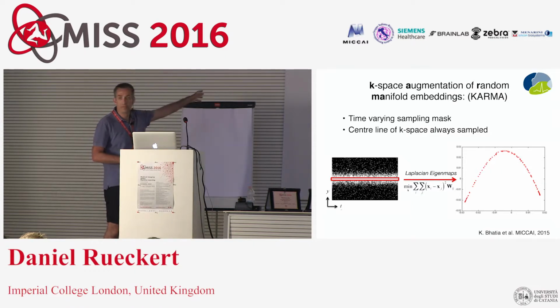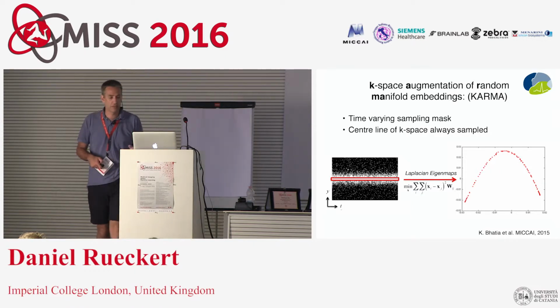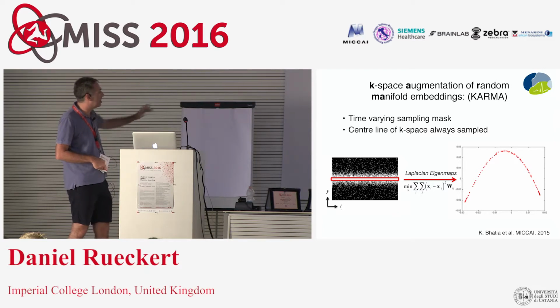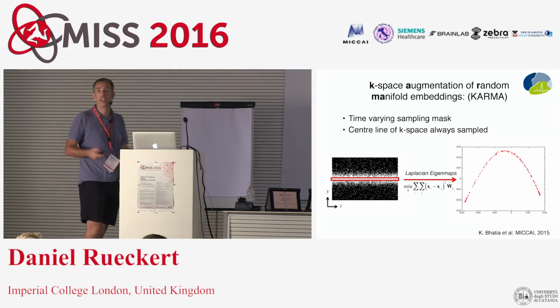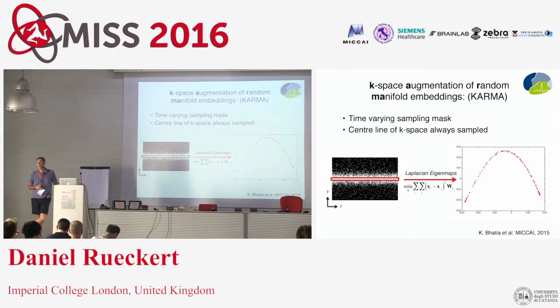I always sample the center of k-space. I'm going to apply Laplacian eigenmaps, find out the manifold structure, and then I'm going to use simply a kernel-based regression to interpolate the missing lines of k-space, which I've randomly sampled in every time frame, from the nearest neighbors in the manifold.